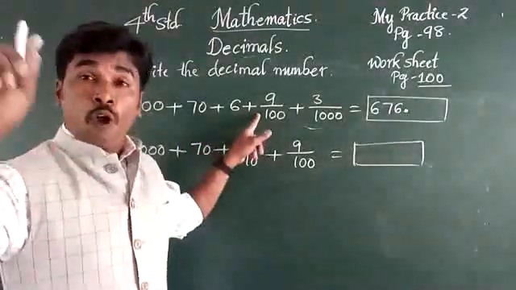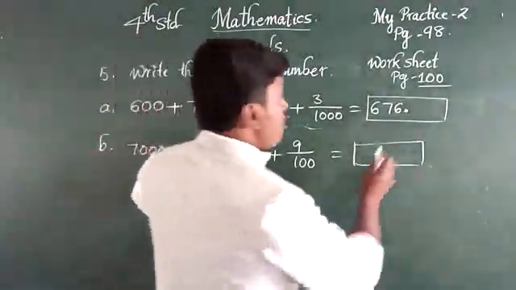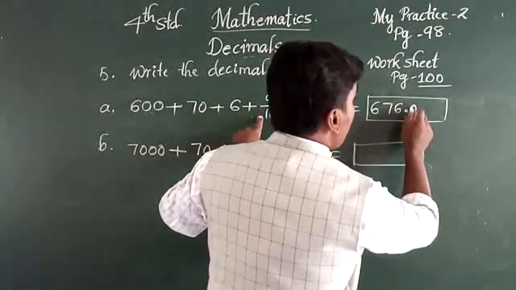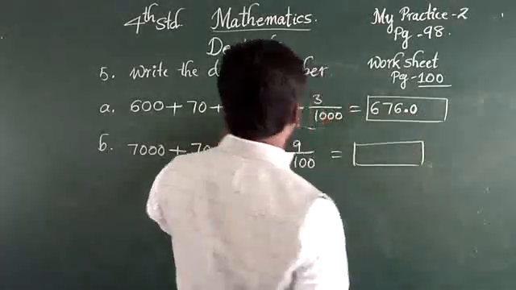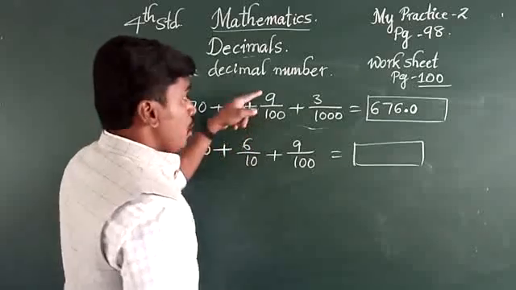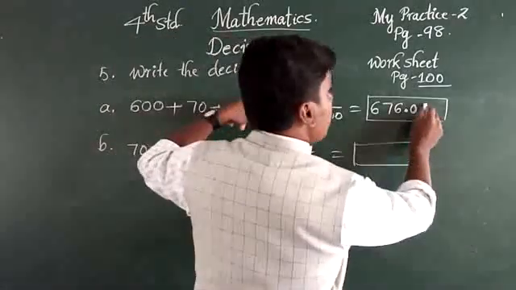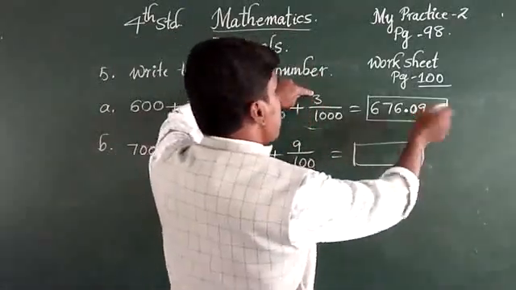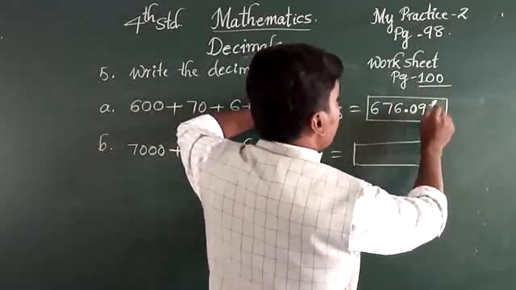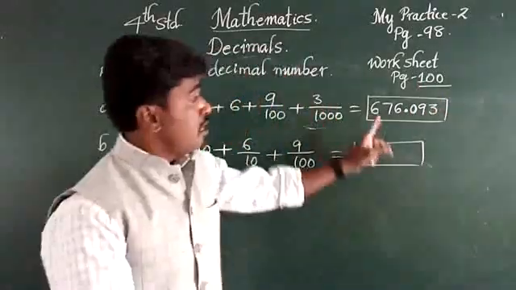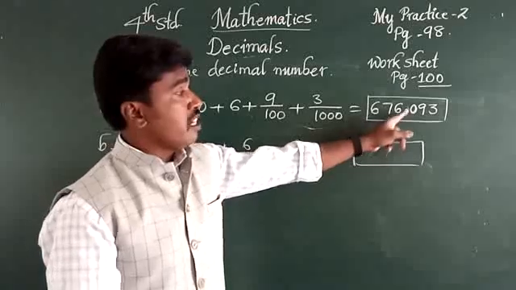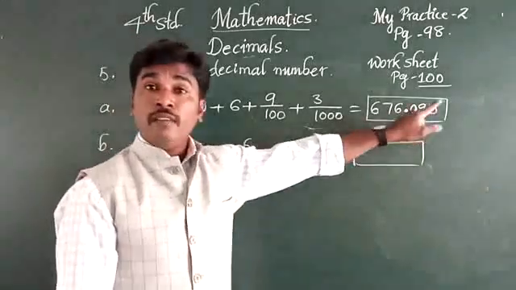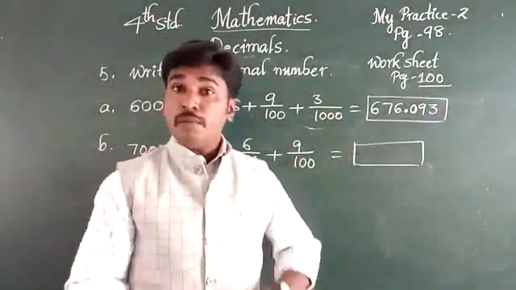So if they have not given 10th place, it is understood you write 0. In the 10th place, the number is not there, you write 0. In the 100th place, what is there? 9 is there. In the 1000th place, what is there? It is 3. Then what is the decimal number? It is 676.093. This is the decimal form.